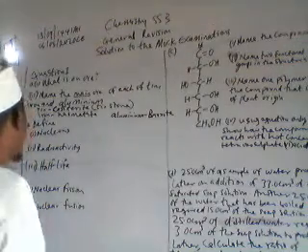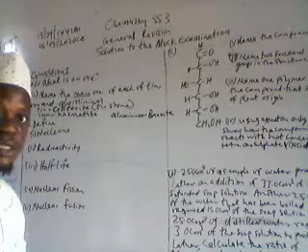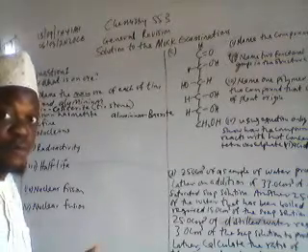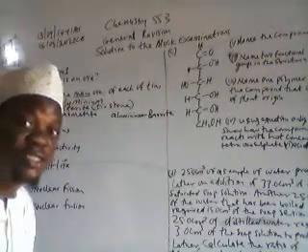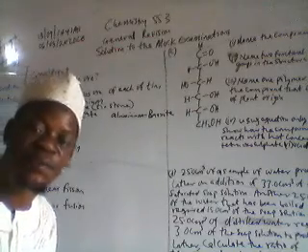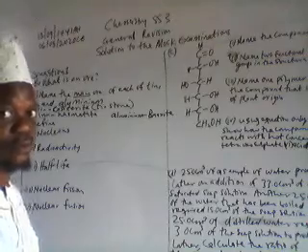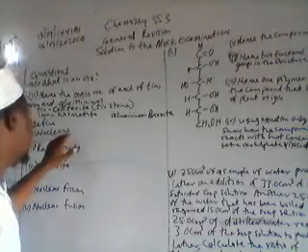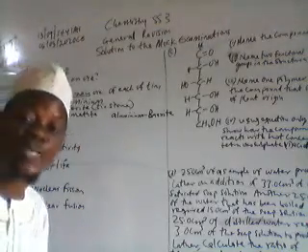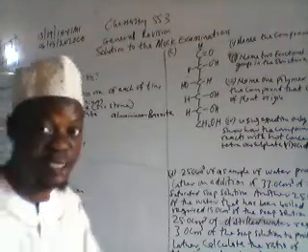The next one is definition of nucleons. Many of you performed well on this question, but there are some people that defined nuclides rather than nucleon. Nucleons are the subatomic particles that are present in the nucleus of an atom.